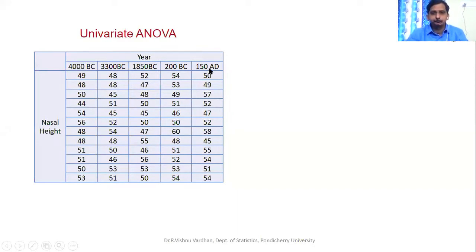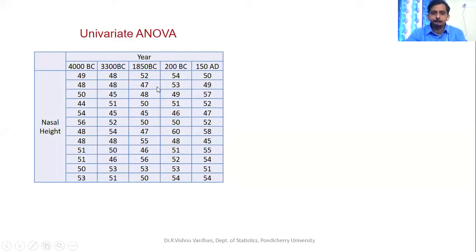Suppose I add 200 BC also. This is one time period and this is another time period, and a different set of samples is taken to collect the nasal height data. Then I have two independent time periods, 150 AD and 200 BC, and I wish to compare the average nasal height between them.